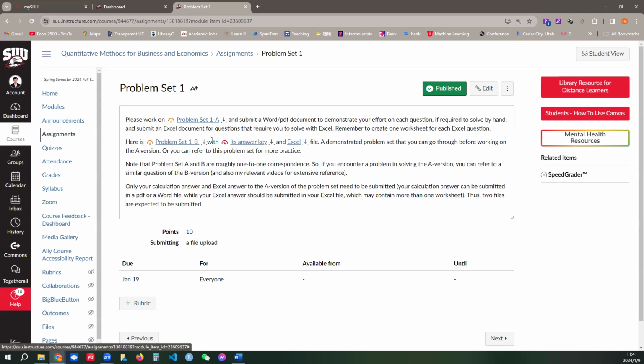For version B, I also post an answer key and an Excel answer key, if Excel is needed to solve certain questions in version B. You are encouraged to go over problem set version B first to learn how to solve those problems. You can solve them by yourself first and then compare to the answer key and Excel answer key if needed.